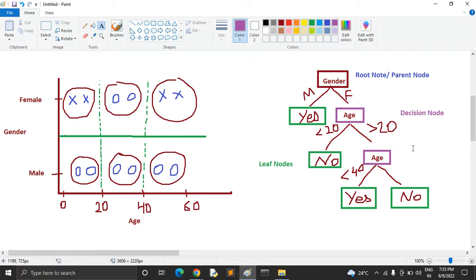By this, guys, we can come up with this definition: a decision tree is a tree where each node represents a feature, or you can say attribute. Each link or branch represents a decision rule, and each leaf represents an outcome, which can be a categorical or continuous value.